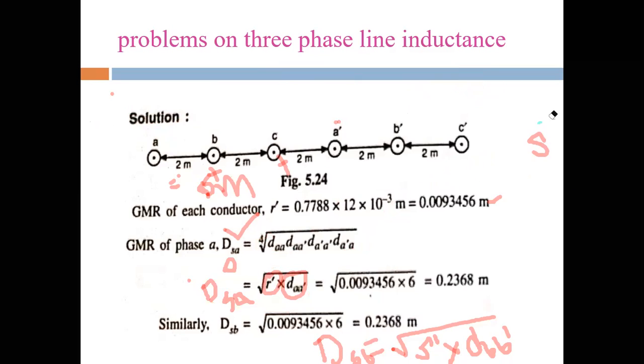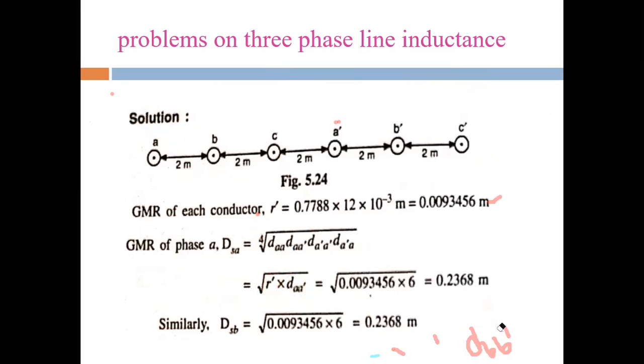Next, what is the distance between B to B dash? This is the B point and this is the B dash point.